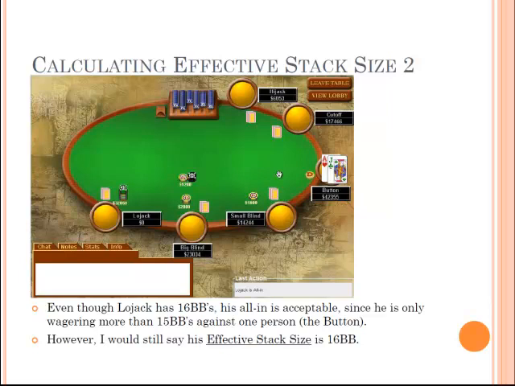Everyone else who still has cards, hijack, cutoff, small blind, big blind, they all have at most 12.5 big blinds. So even though their effective stack size is 16 big blinds, they're essentially only risking about 15 big blinds, because only one person behind can call all 16. So in this case, I would also say going all in is okay. All the rules are just a rule of thumb, but I want to tell you how to think in terms of effective stack size.